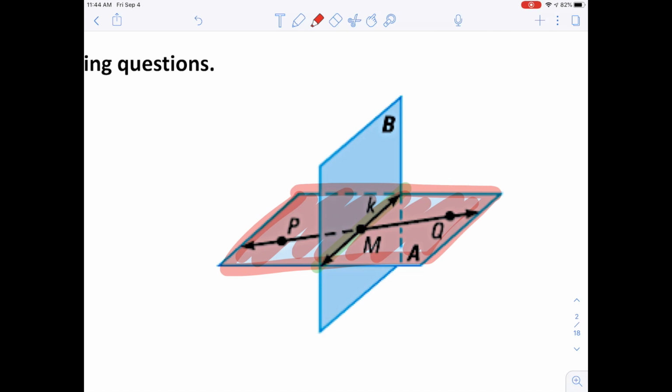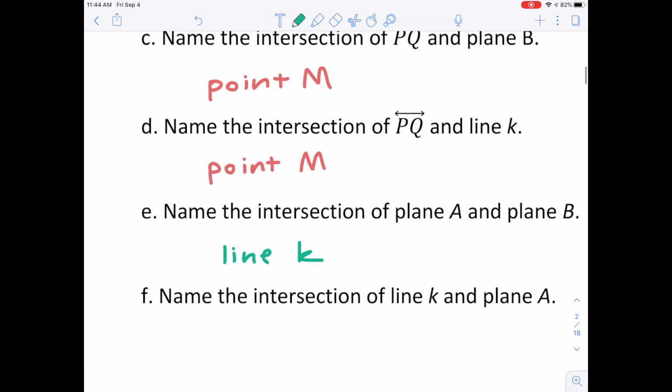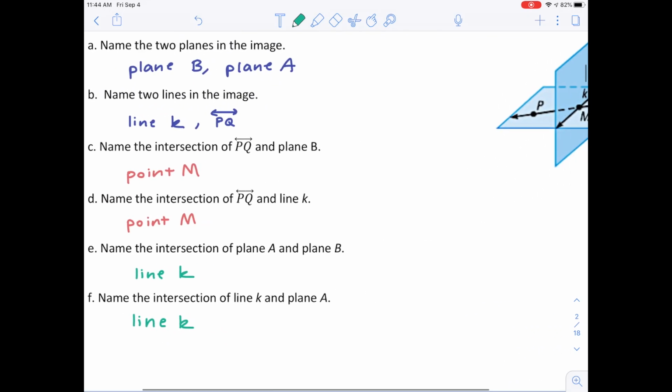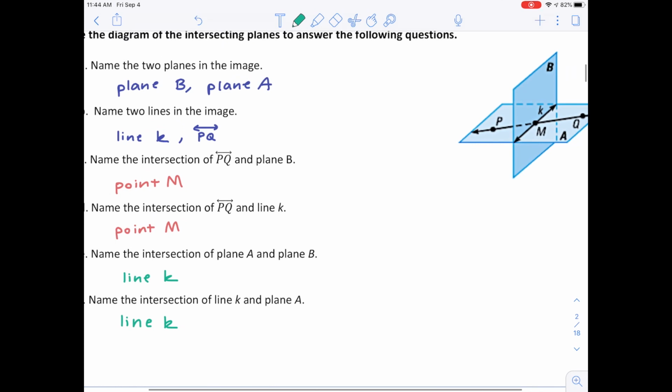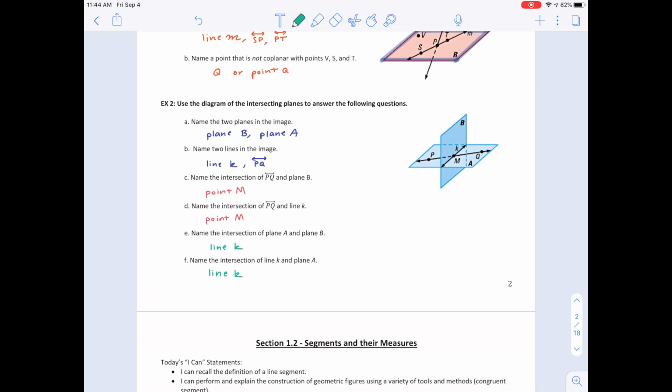Line K just lays on plane A. It is going to be on plane A forever and ever. So what do those two have in common? Well, line K is going to be the entire intersection of those two things. So if line K is entirely on plane A and then plane A has all these different points, the points they have in common are just going to be every point that is on line K.